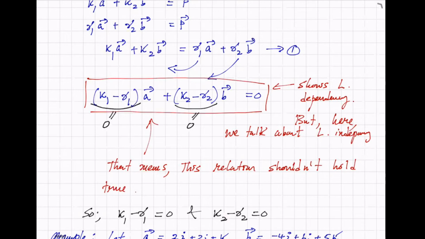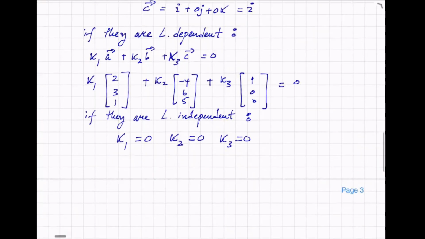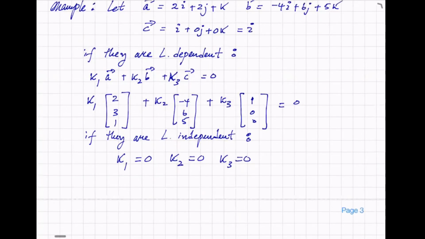That's what I did here. Similarly here, if A, B, C is given to you and they are linearly dependent, you can write it in this linear dependent form. Now, if they are linearly independent, those coefficients k1, k2, k3 should be individually 0, like that.